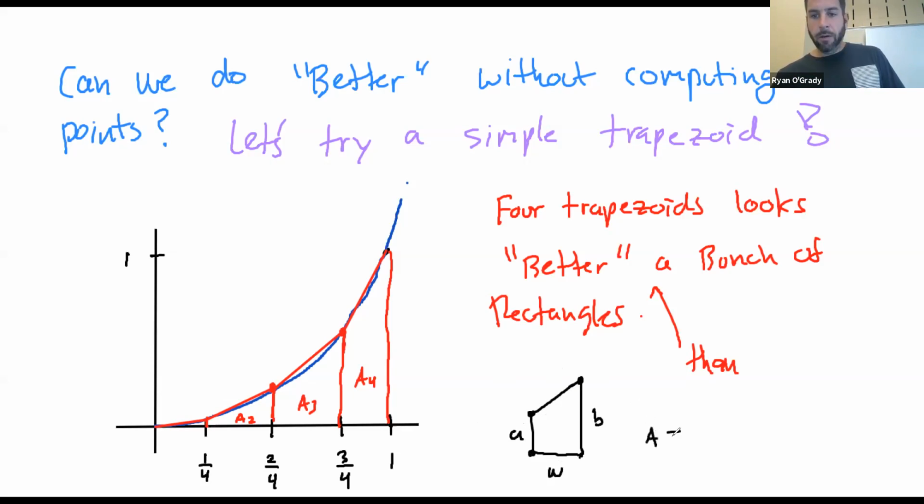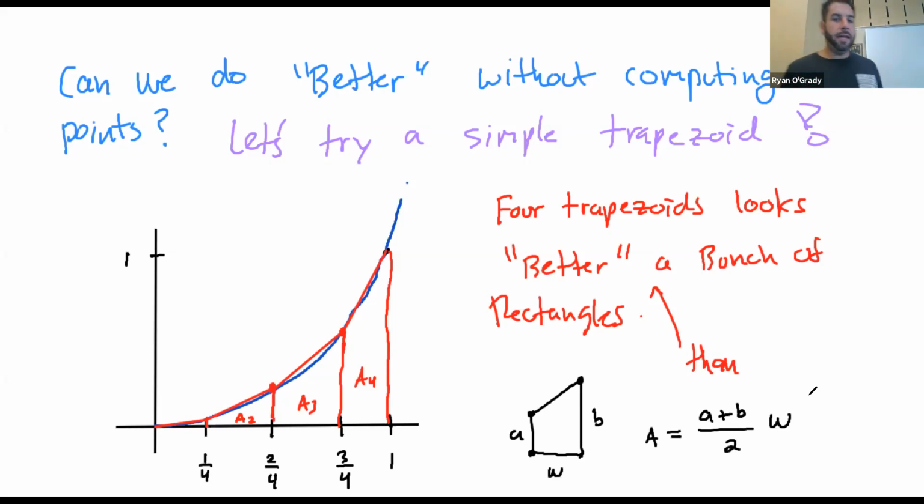The area here is you take the 2 heights, A plus B, you divide by 2, and then you multiply by the width. That's the area of a trapezoid.